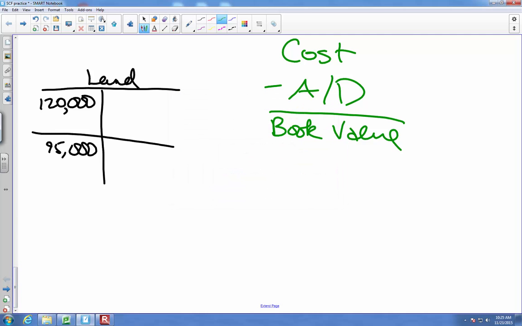There's no depreciation on land. Like there's no crying in baseball. So cost and book value are the same. Right? How much did I pull off of my books? And again, in the real world, you're not setting up a T account, you're just running a general ledger detail report.